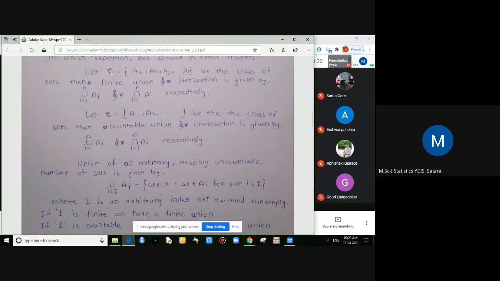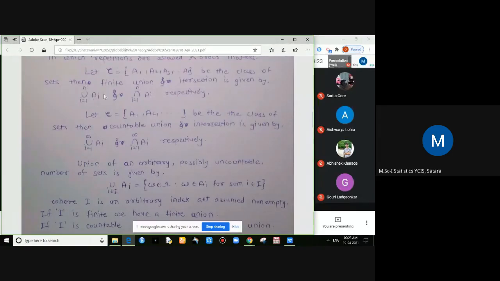Let script C be the class of the sets A1, A2, A3 up to An. That is, we have a finite number of sets. With a class of sets, the finite union and finite intersection are given by the union of Ai, with i running from 1 to n.